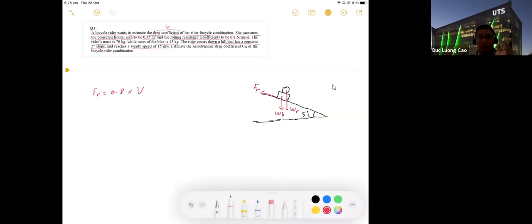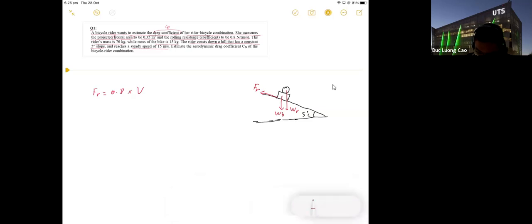Moreover, when the rider moves down, we'll have the drag force FD, the drag force applied to the rider and the bicycle. The FD equation is CD times 1/2 rho V squared times frontal area.